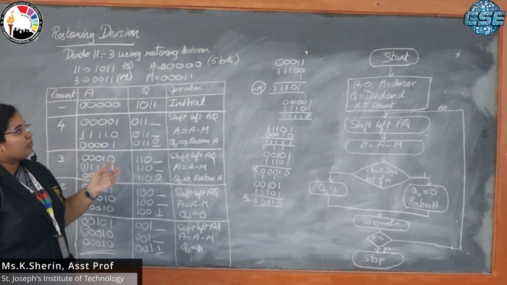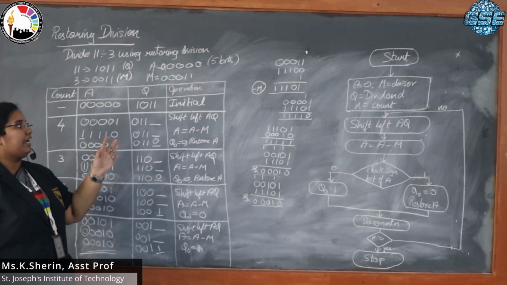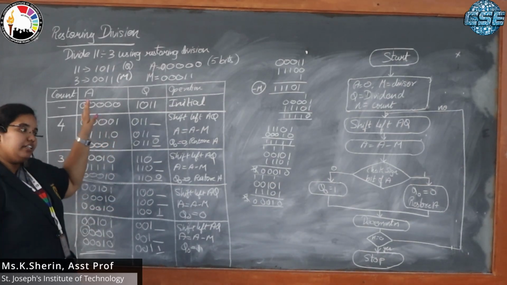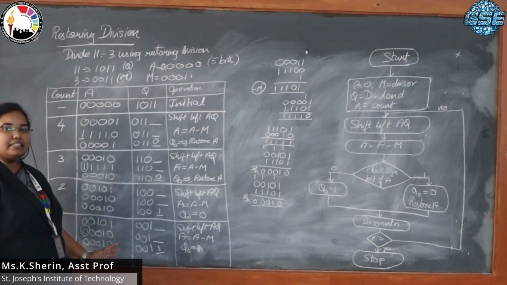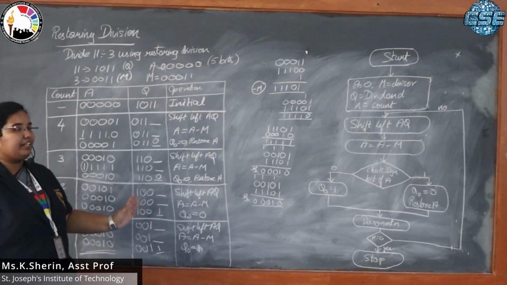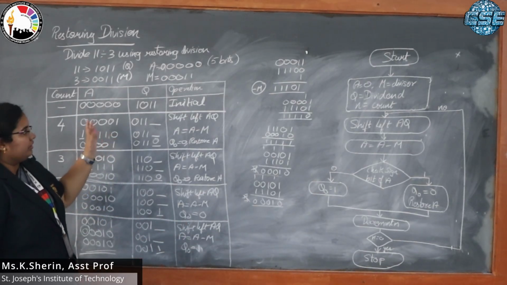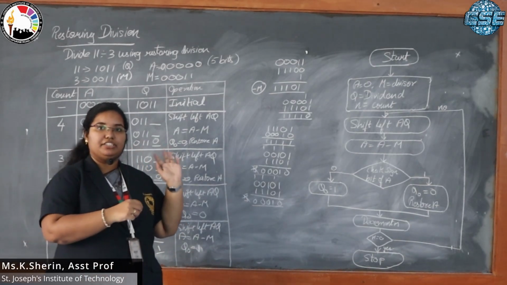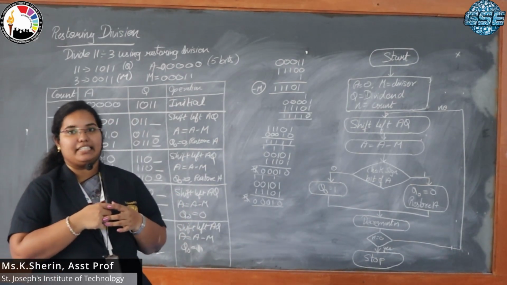If my count register is a 5 bit number, and my N value is 5, my procedure will go on until the fifth iteration, and in the end I will get the solution of my remainder value as well as my divisor. So these are all the example conditions for your restoring division part. All the best for your next exams.